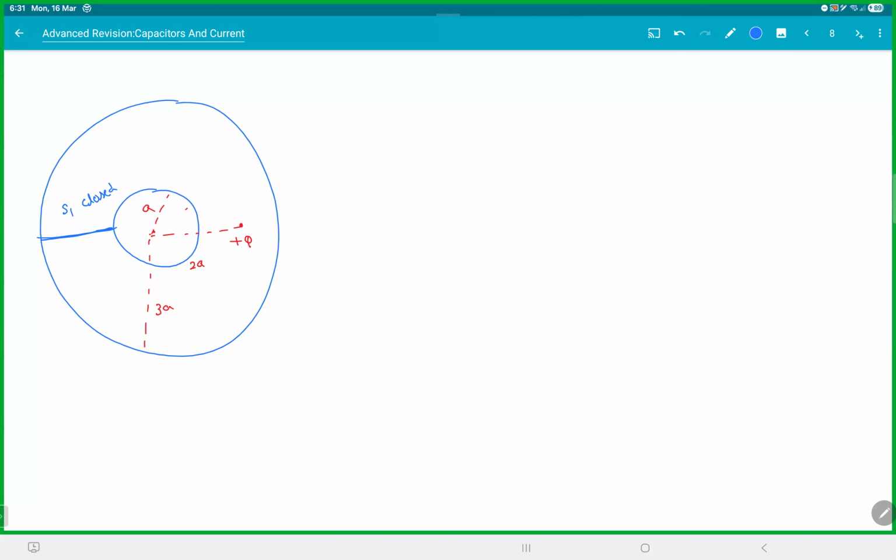So the first thing will be the charge distribution. Like, how do you find it? Think. You want a minute?